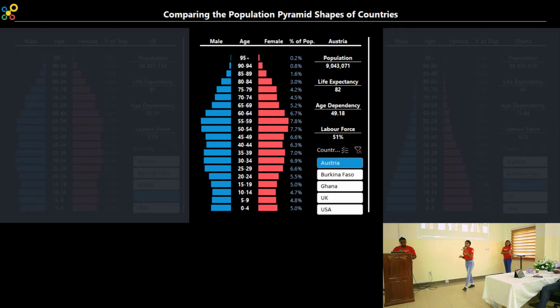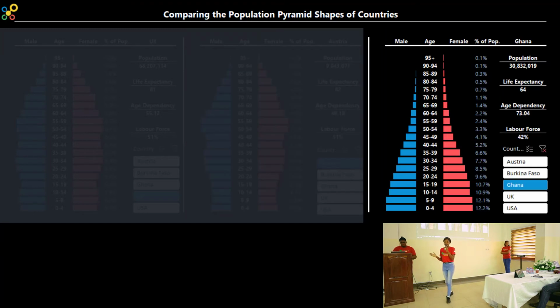The final type of population pyramid we talk about today is the expansive population pyramid. In this type, the base is wide, as you can see from here, and the top is narrow. What this means is the majority of the population belongs to the youthful cohort, and just a handful belong to the elderly cohort.